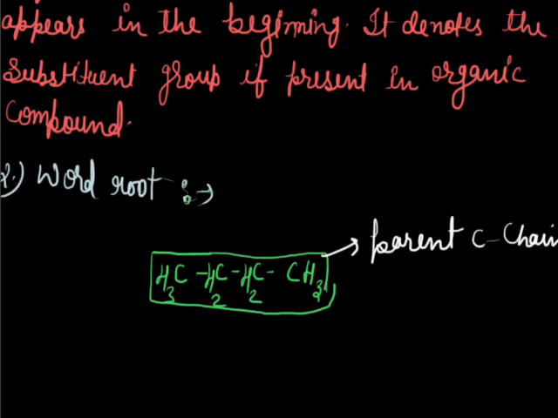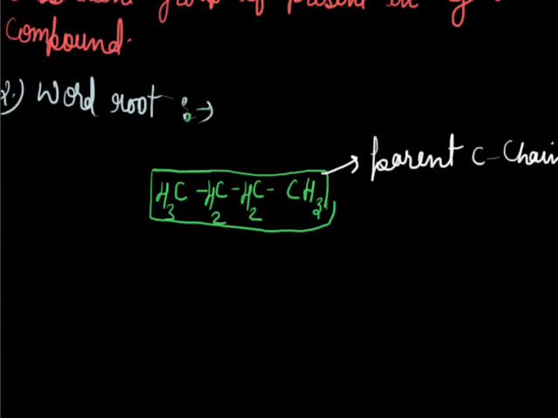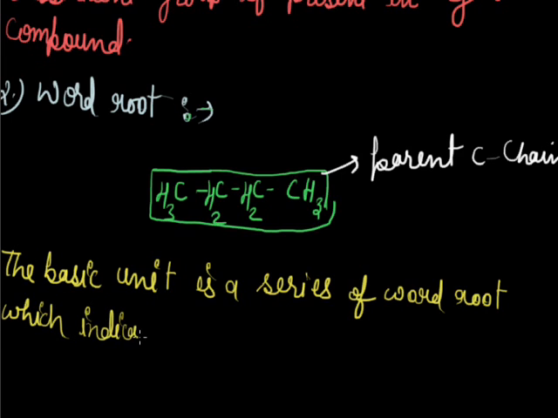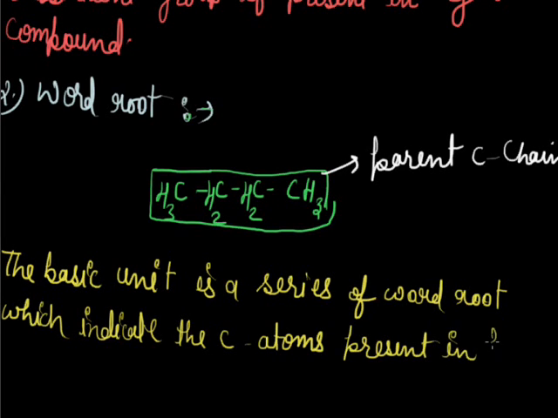So we can write about word root that the basic unit is a series of word root which indicates the number of carbon atoms present in parent chain.